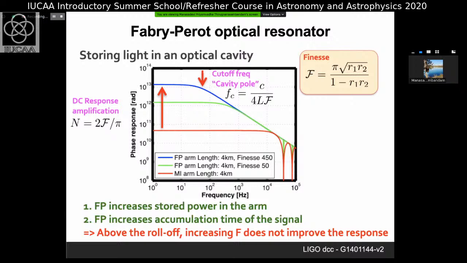So what a Fabry-Perot cavity does is it stores laser power inside the arm, and also allows for accumulation time of the gravitational wave signal, which means it can be equivalent to increasing the arm length of the interferometer itself.